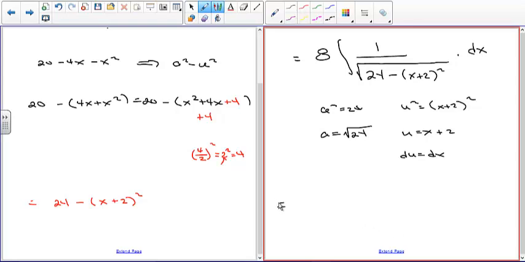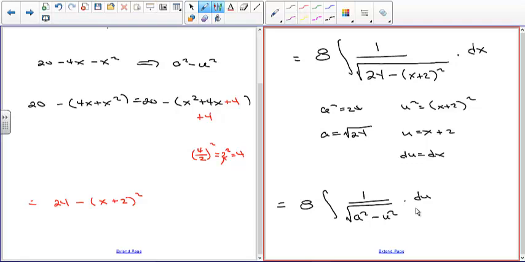So making those substitutions in, you get 8 times the integral of 1 over the square root of a squared minus u squared times du. And that was the whole goal, was to get it exactly like the book.